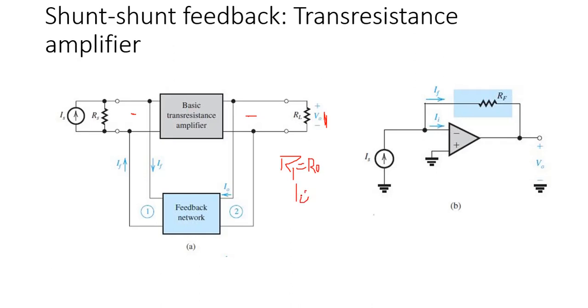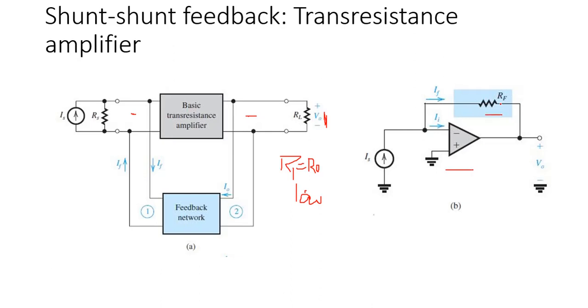in this transresistance amplifier. This is the diagram or example of the transresistance amplifier. Here the circuit uses an op-amp and the feedback resistance RF.